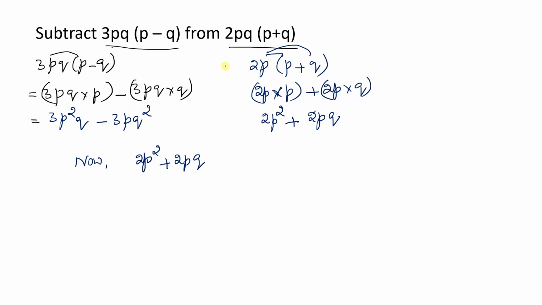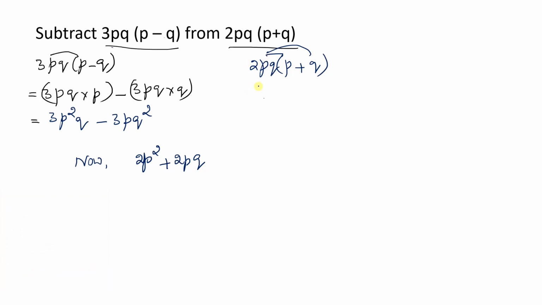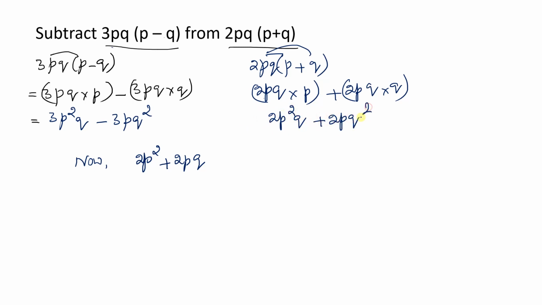Now q I have left here. That's what. 2pq. Just a minute, I will do it. Okay. 2pq into p plus 2pq into q. So it is 2p square q plus 2pq square.